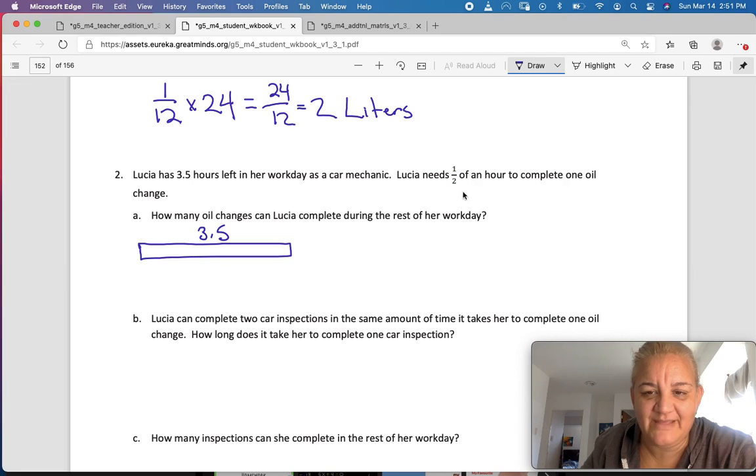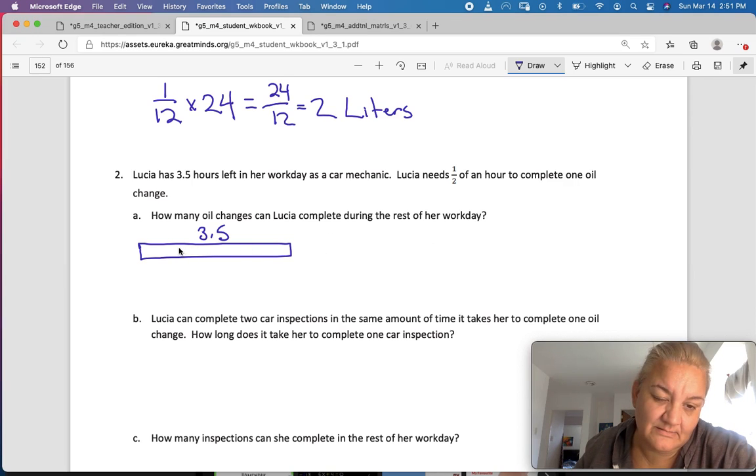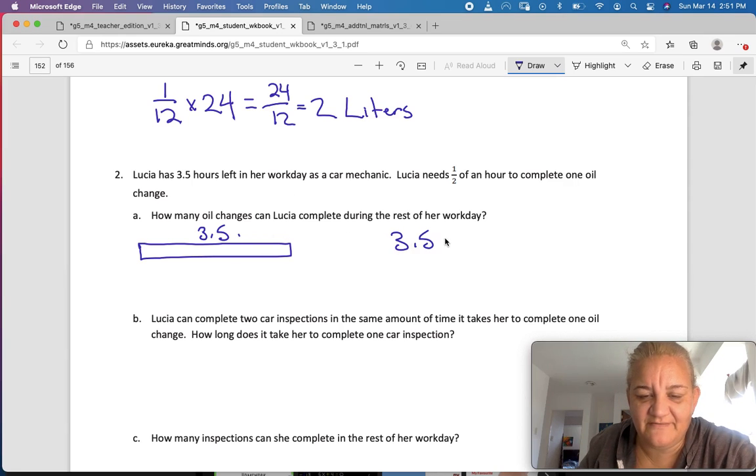She wants to know how many oil changes she can do. So she wants to divide this into halves, right? Okay, so there's our workday. Our expression would be 3.5 divided by half.